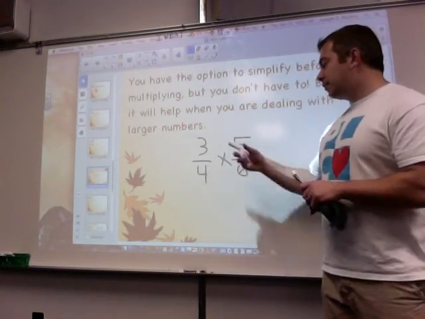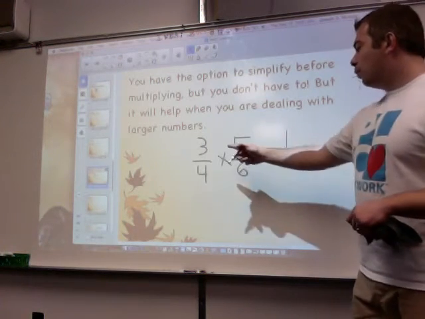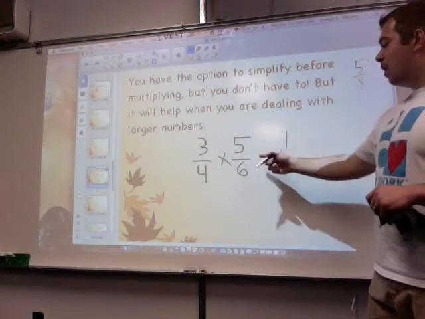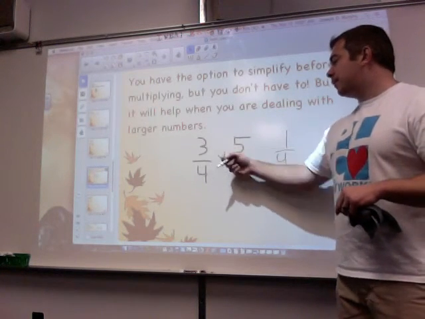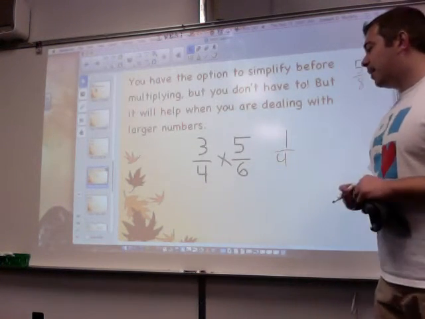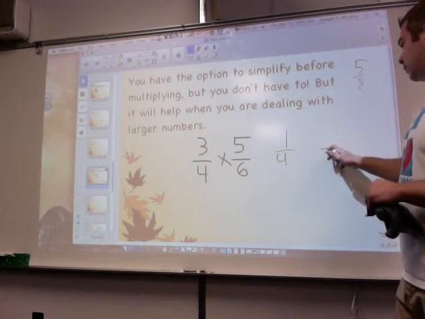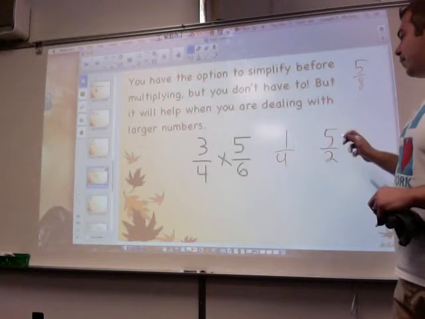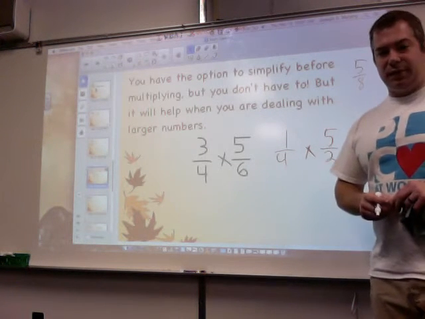So I'm going to rewrite this. 3 divided by 3 equals 1. So that's going to become 3/4 becomes 1/4. And 5/6, well, greatest common factor between 3 and 6 was 3. 6 divided by 3 equals 2. So now I'm left with 1/4 times 5/2.